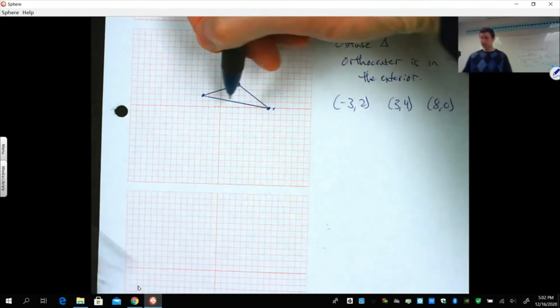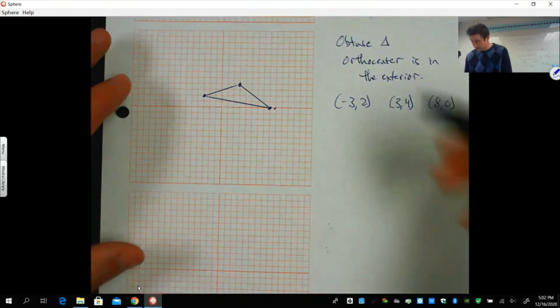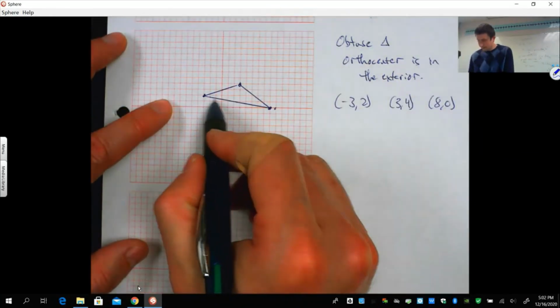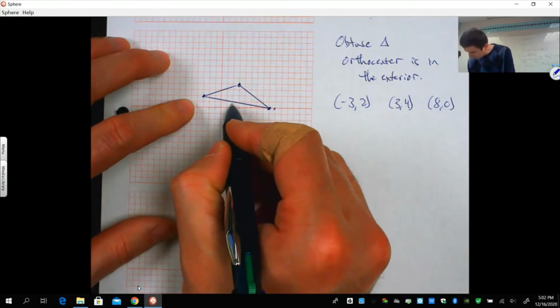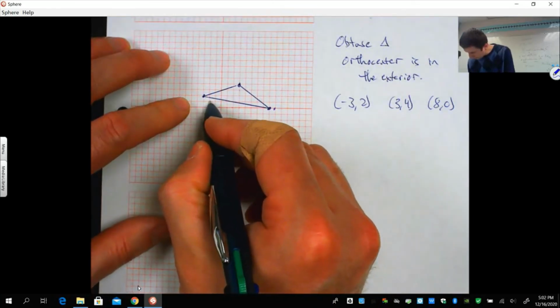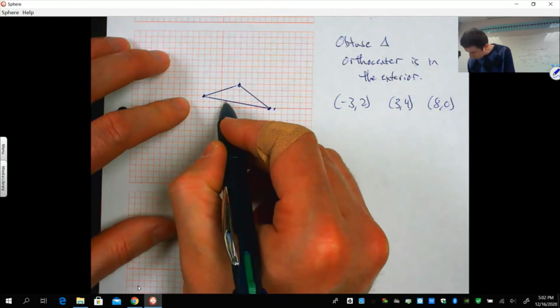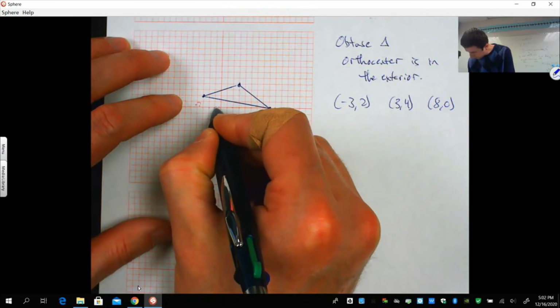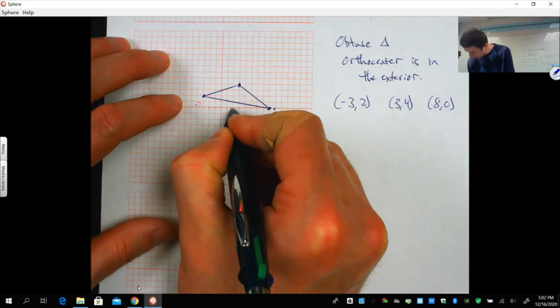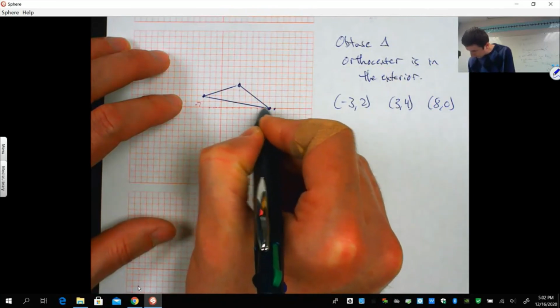Alright, so when you're looking for this orthocenter here, this side down here is the easiest one, because this slope is going down 2 and over 11.